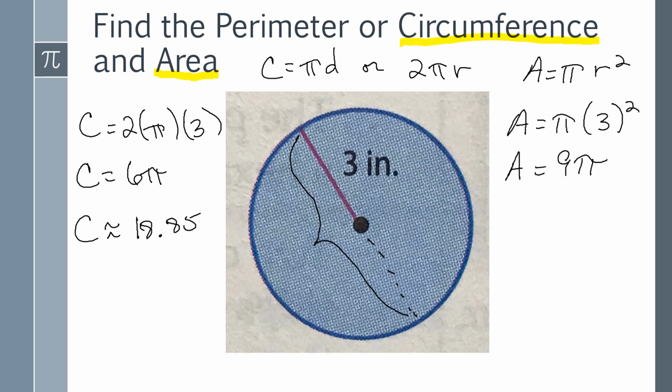Now, if I want to solve to the nearest hundredth, I would say area is approximately 9 times pi. And that comes out to 28.274333, so I'm just going to round it to 28.27. And this one's just inches. This is inches squared, if we're being correct with our units.